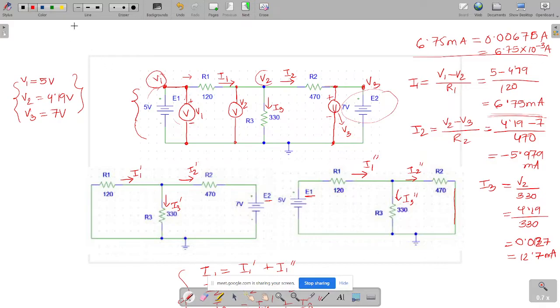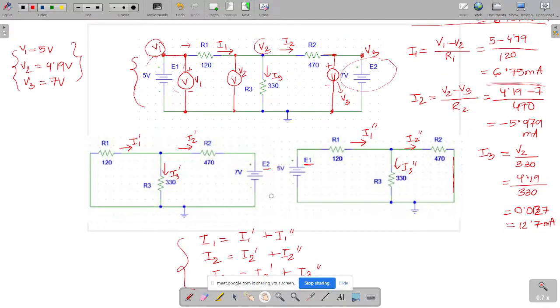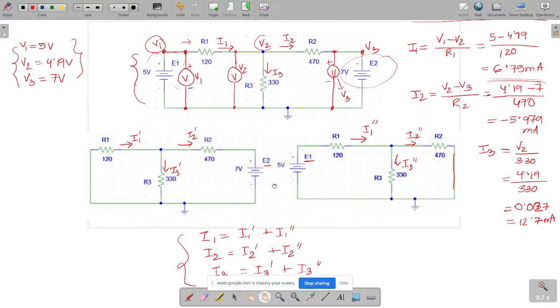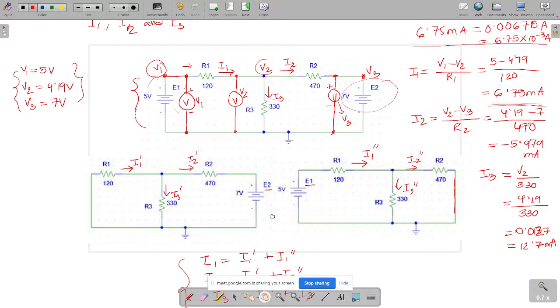Okay, so what we have found out in this circuit are I1, I2, and I3, right? So this is just 1/3 of the experiment that you have just completed. In the second step, we haven't done any verification yet.